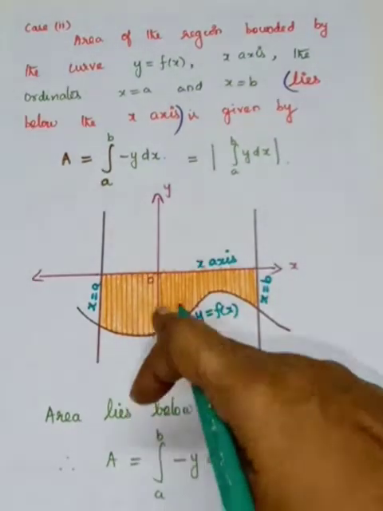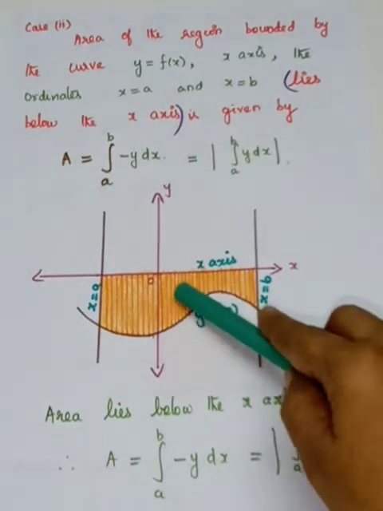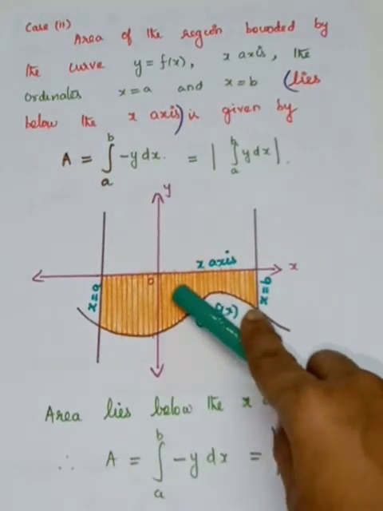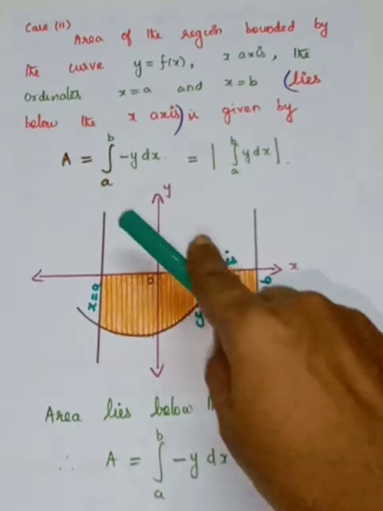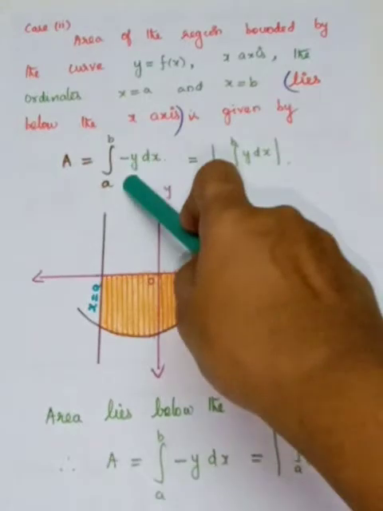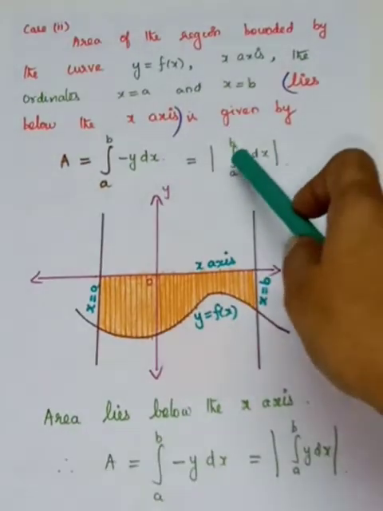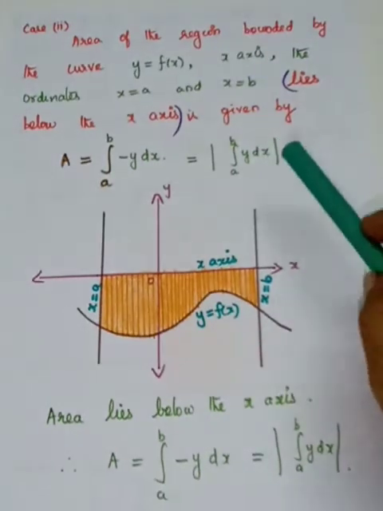This shaded region is bounded by the curve y is equal to f of x, x-axis, x equal to a and x is equal to b. But this area of the region is below the x-axis, so you have to use integral a to b minus y dx. Otherwise, it's the modulus of integral a to b y dx.